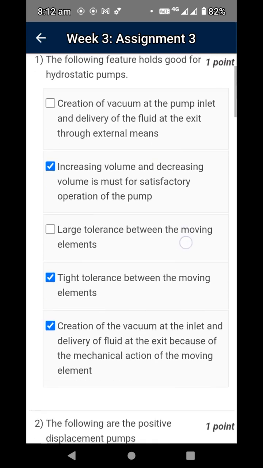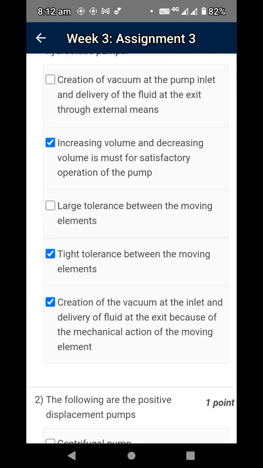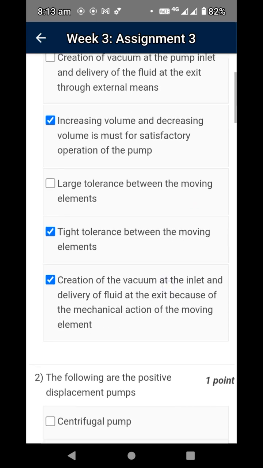So first option, creation of vacuum at the pump inlet, that is correct. In the case of pumps, initially we create a vacuum. So creation of vacuum at a pump inlet is correct, but the delivery of the fluid at the exit through external means is wrong. By using the mechanical action of the gears, we force the fluid into the outlet pipe.